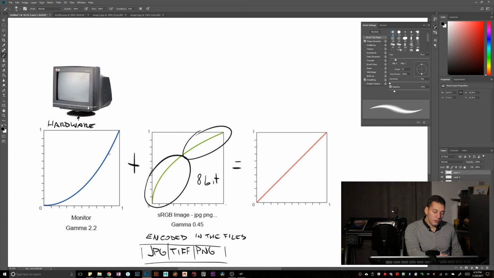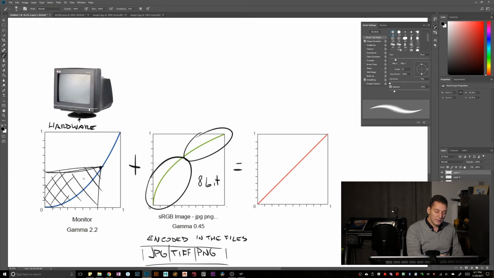It's a gamma 2.2 curve that the monitor is using, which puts, as you can see, more values in these areas of the graph. These are basically lower brightness. If this is the midpoint of the image, most of the values are in this region, and then a bunch of values are in this region. So all the values here are dedicated to shadows and midtones, and then you have a bunch of values dedicated to the highlights.